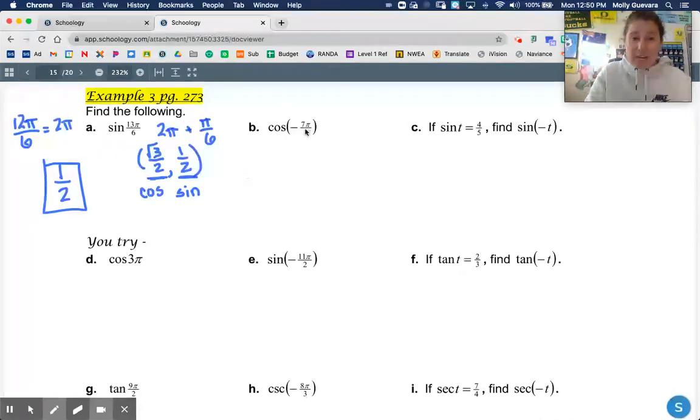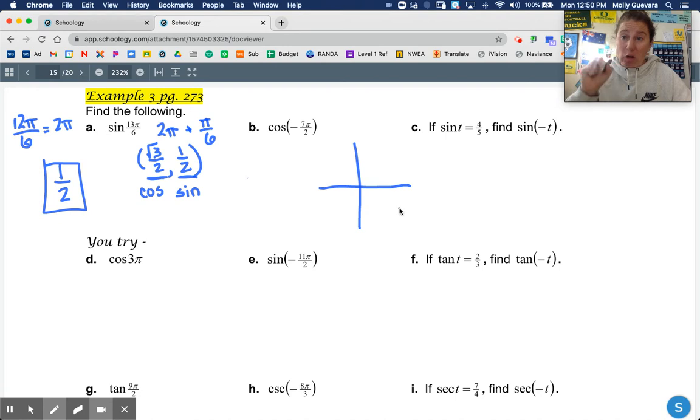Same thing here. I'm talking about negative 7 pi over 2. If it helps you to draw a visual, you can. First of all, we're going negative, so I have to go clockwise. So here's 1 pi over 2, 2 pi over 2, 3 pi over 2, 4 pi over 2, 5 pi over 2, 6 pi over 2, 7 pi over 2. So this is the angle I'm interested in.